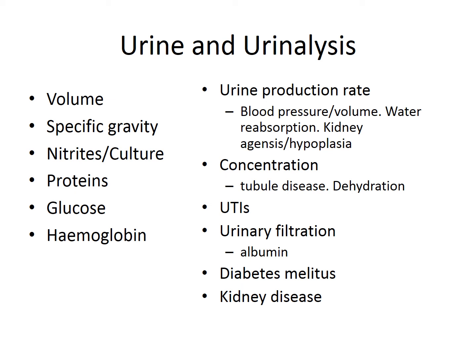We've actually moved to the collecting ducts now, so we're looking at the collecting system for urine and some of the problems that can occur once the urine has been produced, and we'll consider these in the next two slides.